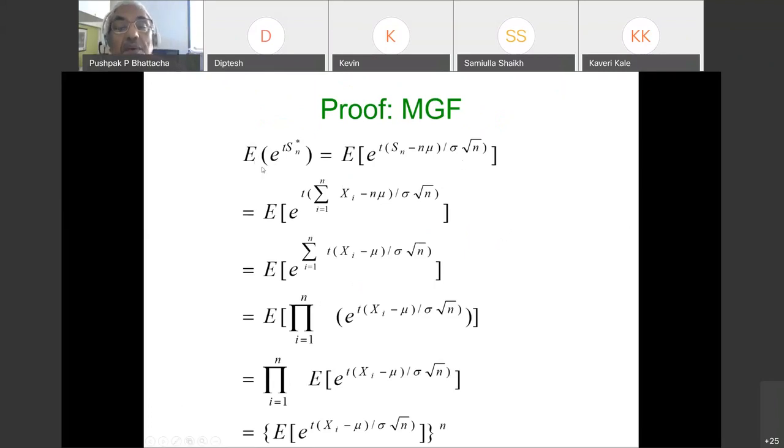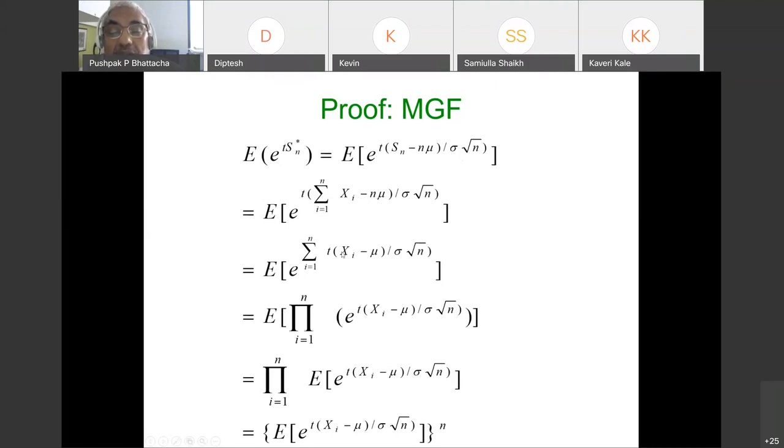First, I want to know the moment generating function of Sn star. So this is the expectation of e to the power t Sn star. You have to multiply by t and raise e to that power. So the expectation of e to the power t Sn star is e to the power t into Sn minus n mu divided by sigma root n, as per the definition of Sn star. Now Sn is nothing but the summation from i equal to 1 to n of xi, minus n mu.